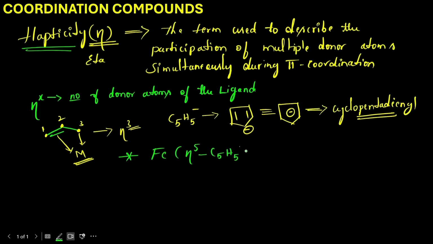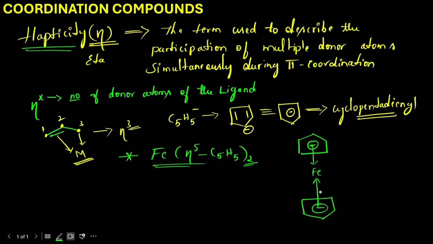C5H5 two times. Okay, so here two cyclopentadienyls are there. Here the donor atoms are 5, therefore it is eta 5. If we write the structure of this compound, okay, it will be like this. Here negative charge, and here we have another cyclopentadienyl anion, here also negative charge, and these two negative charges are being donated to the metal iron.